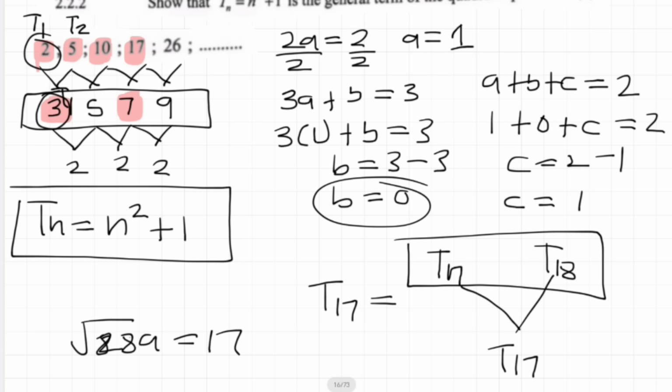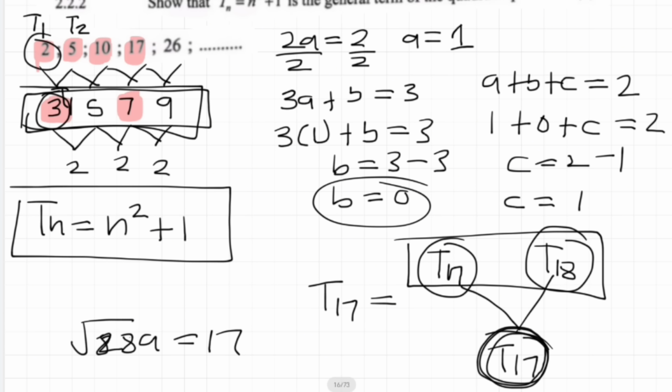So also, if 25 is term number 17, it means on the quadratic pattern, it's going to be term number 17 and term number 18 that give us this term number 17. Perfect. So in order for us to find those two consecutive terms, we need to understand which term number is 25 on this pattern that is here.